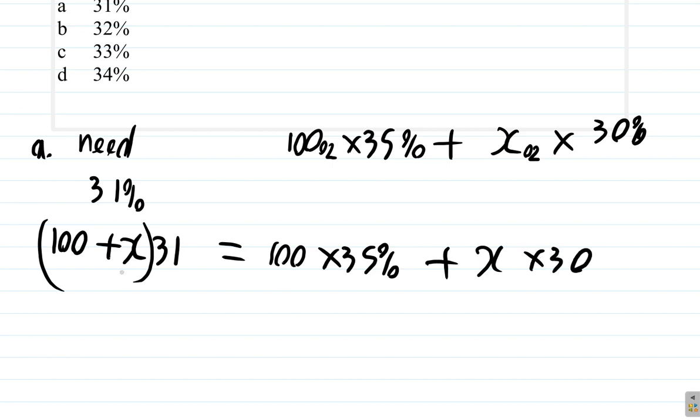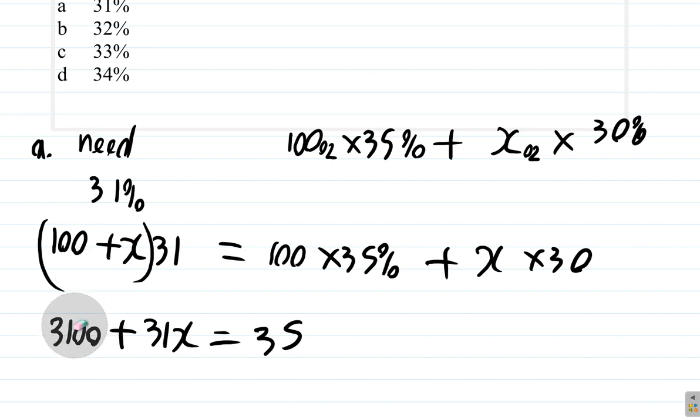So you work that out now. 100 by 31, that's 3100, plus X by 31, that's 31X, equals 100 by 35%, which would be 35 out of 100. Remember, these are percentages.